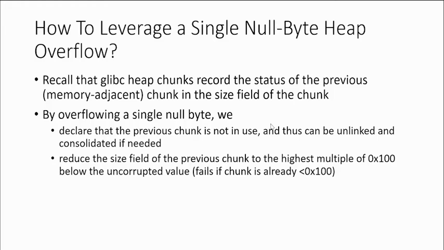but actually it does, because recall that in glibc, the structure of a chunk is such that some metadata about the previous chunk is stored in the size field. For example, there's a prev in use bit. That's the lowest bit of the chunk size.